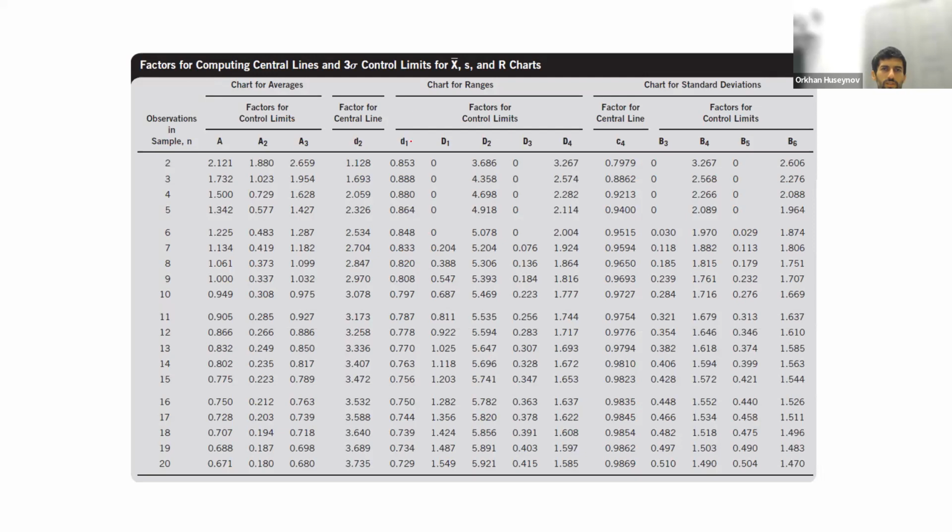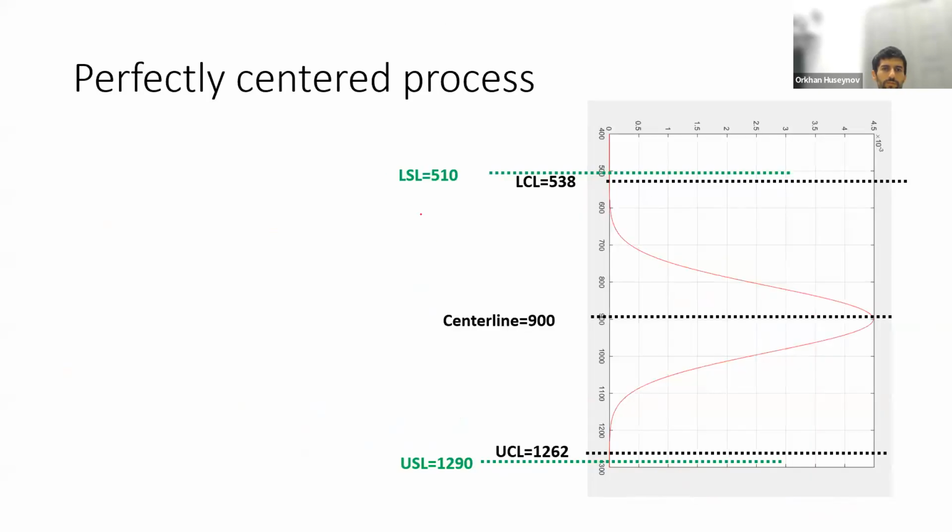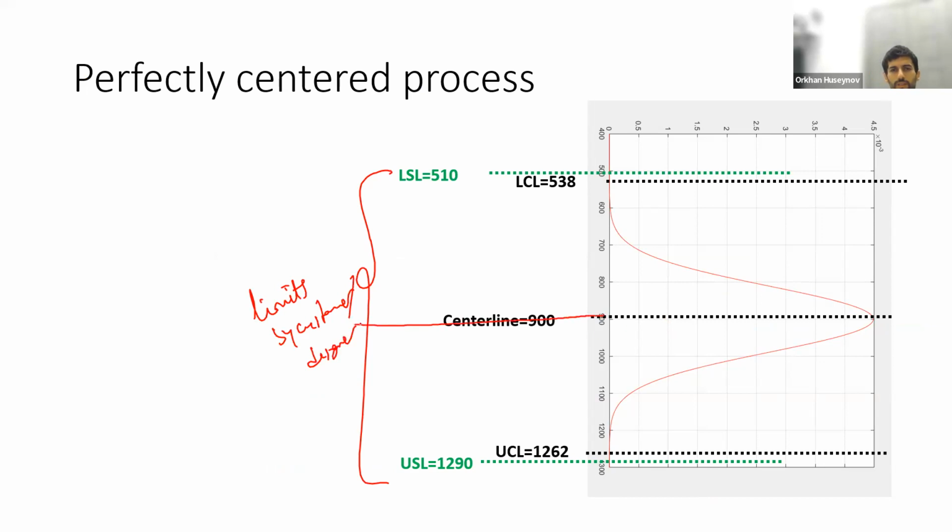Again, you use this same chart for the D2 value. Perfectly centered, you can see these are the limits set by the customer and the designer.